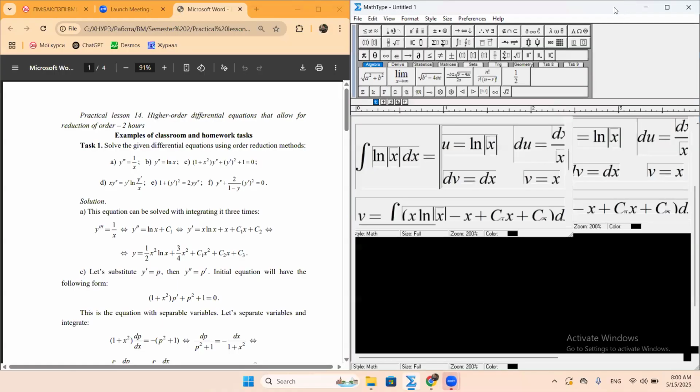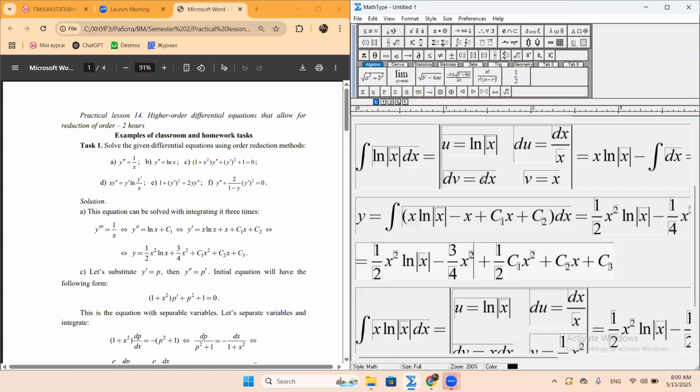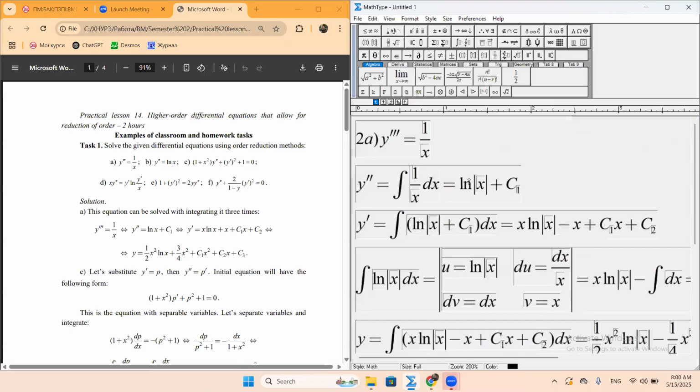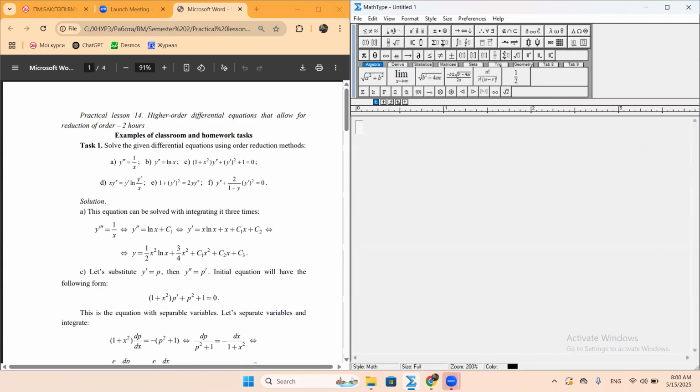So let me share my screen again and continue solving differential equations. We will skip B. Actually, it will be your home task.